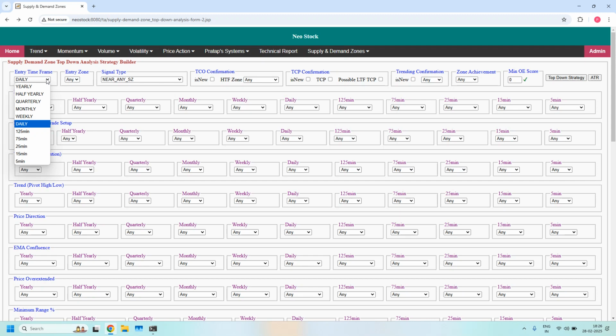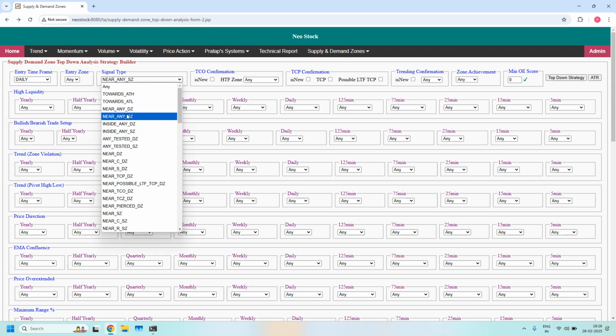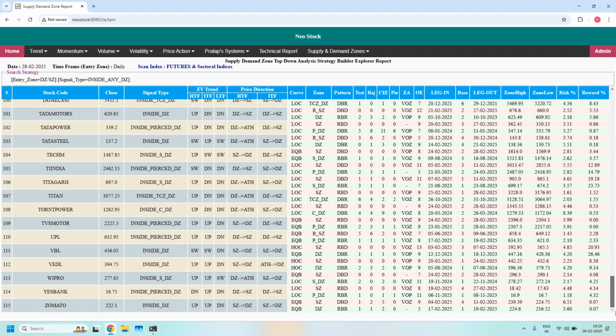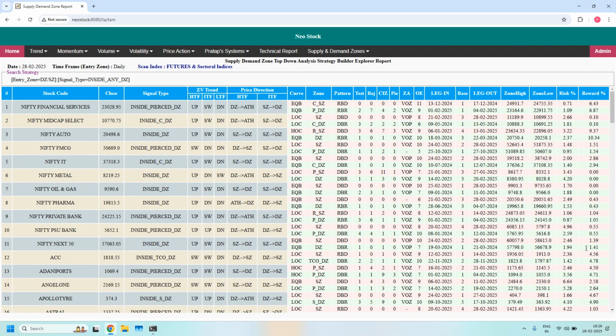Okay, next, for daily time frame, price closed inside the daily demand zone. We got 115 stocks, big list. Let me quickly scroll down. After that, we will filter based on daily EMA Confluence.